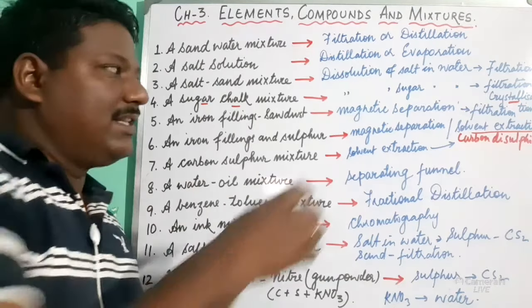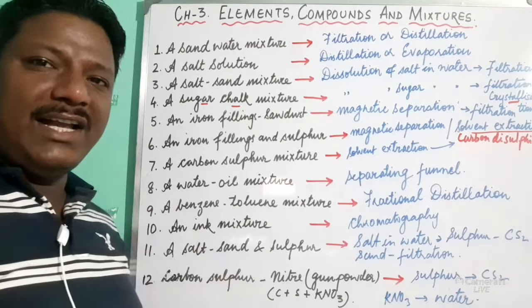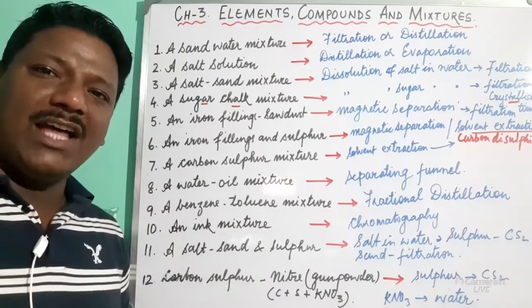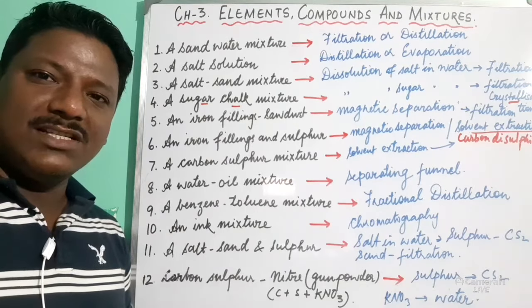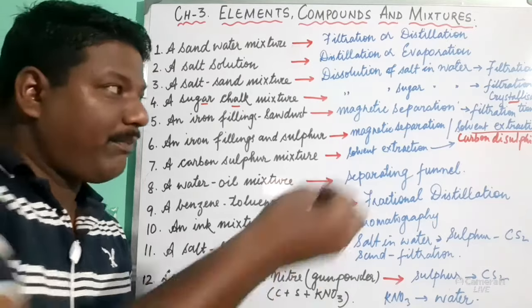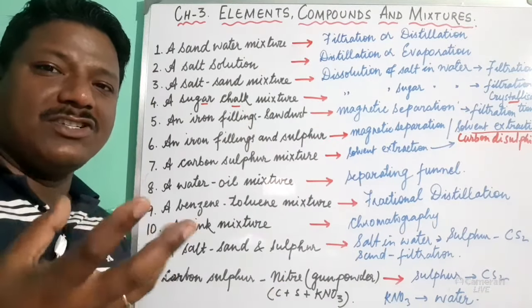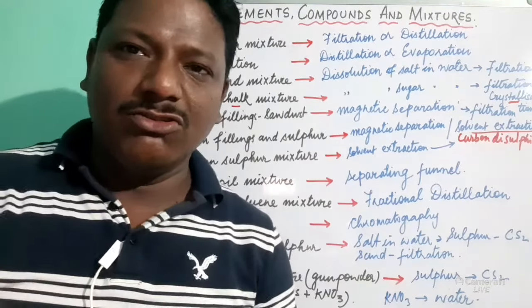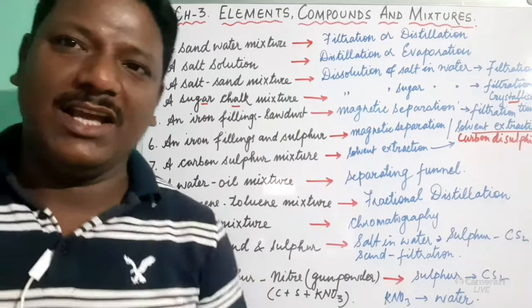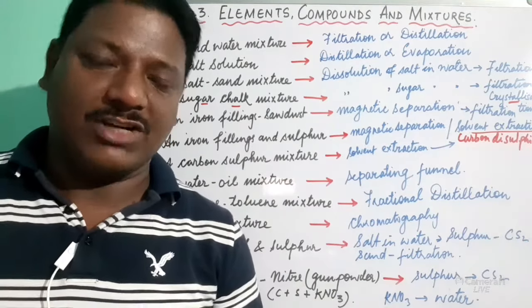So sulfur will get dissolved in carbon disulfide, and the iron will be separated. Then you evaporate or you use the crystallization process, and the sulfur crystals will be collected in the container. So you can use the magnetic separation as well as solvent extraction.